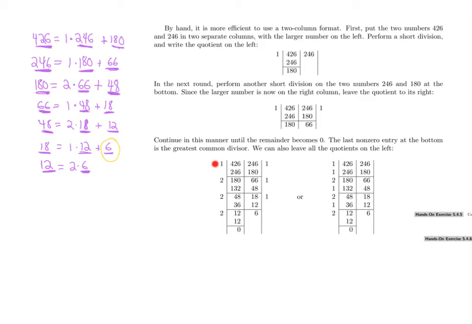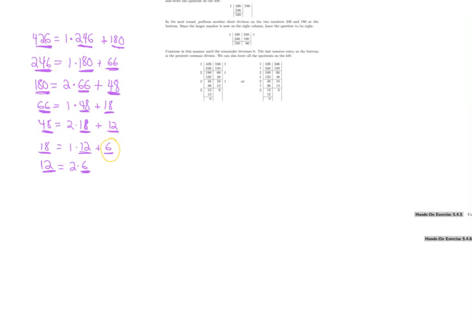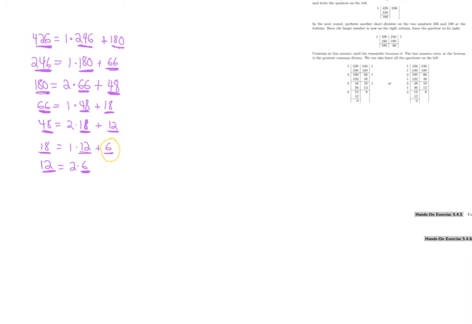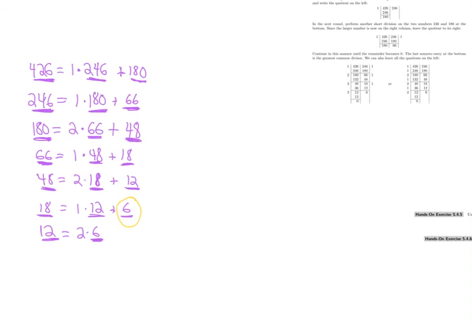I personally found it confusing to put the quotients back and forth like this. I think to me it makes more sense to collect the quotients all in one column, so that's the way I'm going to demonstrate it right now. We'll leave this here for comparison.